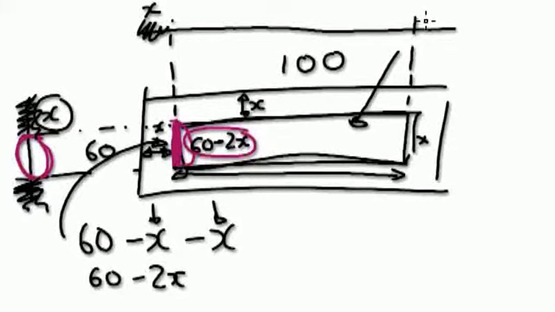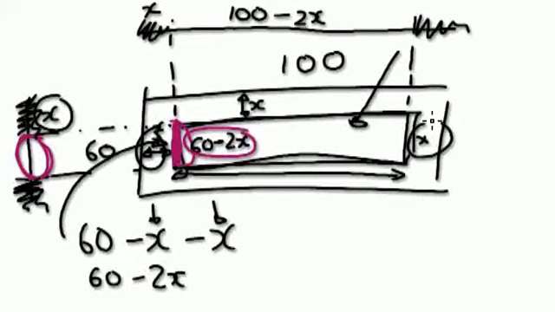We're going to cut off this part here. So our string, which is 100 long, we're going to take away 2x, because we cut off this x and this x. So this length here is actually 100 take away 2x.